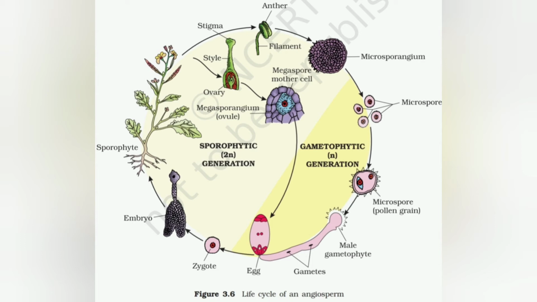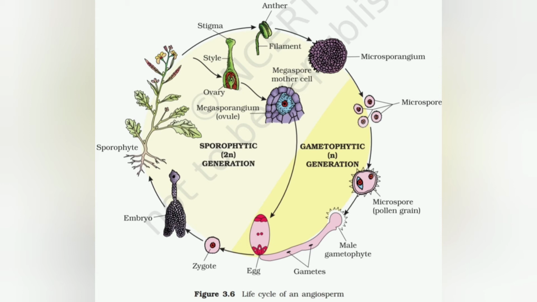A plant is considered to be a sporophyte, the sporophytic generation. The ovary consists of ovules which produce the egg cell, while the anther consists of pollen grains which produce the male gametophyte, and the gametes are discharged into the embryo sac for fertilization.